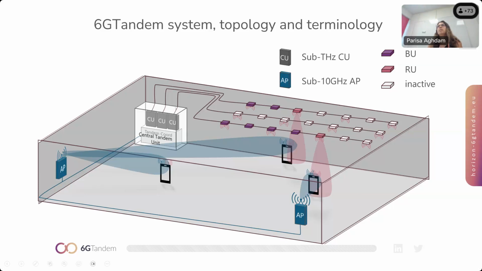And then we have this central tandem unit distributing the sub-terahertz, in our case D band, 140 to 170 gigahertz signal towards these fibers and towards these small boxes, baseband unit we have, or radio unit, booster unit and radio unit, and the white ones are inactive. And we have the UEs, which should have a possibility to connect with both.